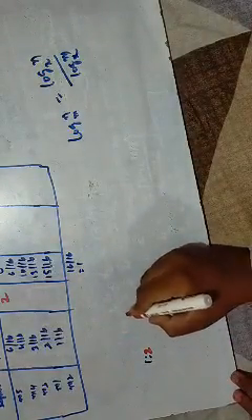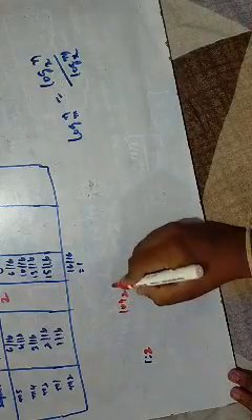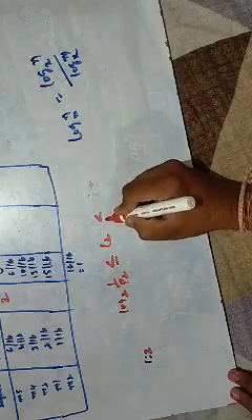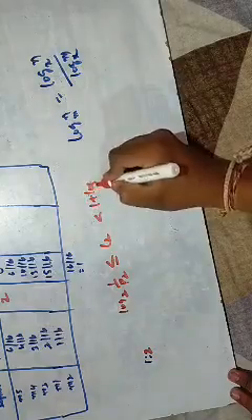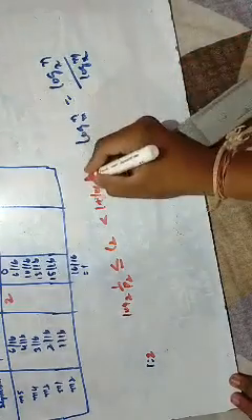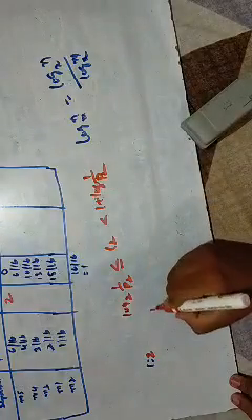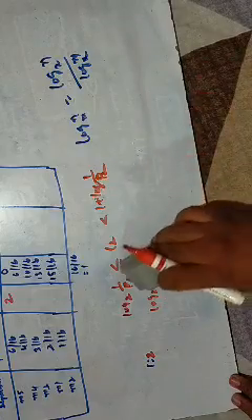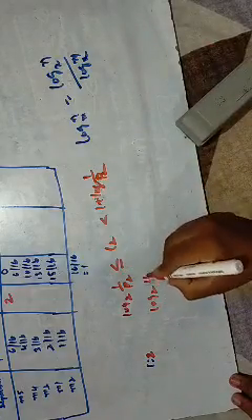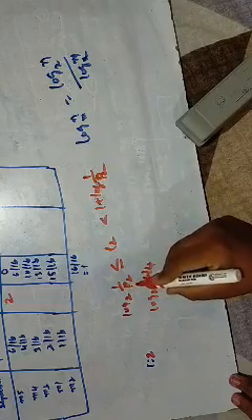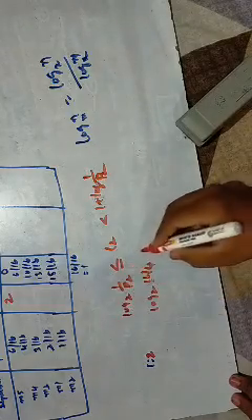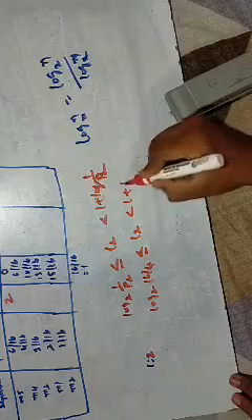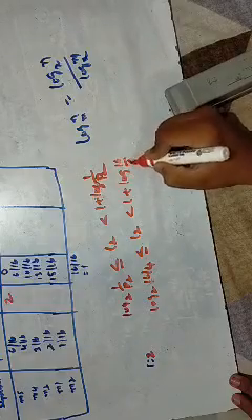Directly write: log to the base 2 of 1 upon P2 less than or equal to L2 less than 1 plus log of 1 upon P2. What is P2 here? P2 is 4 by 16, so 1 upon P2 is 16 by 4. So log 16 by 4 less than or equal to L2 less than 1 plus log 16 by 4.